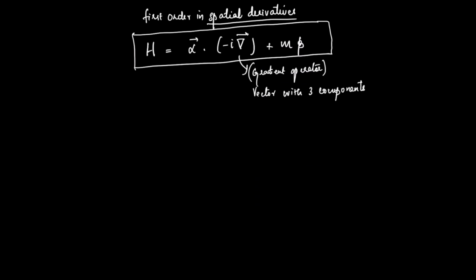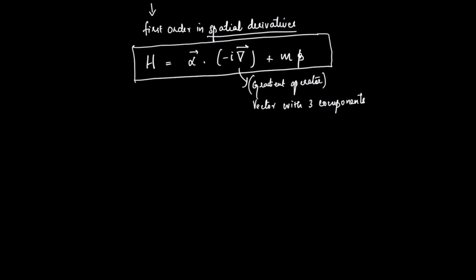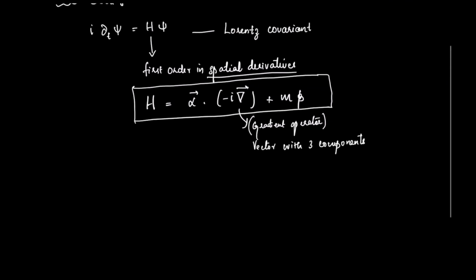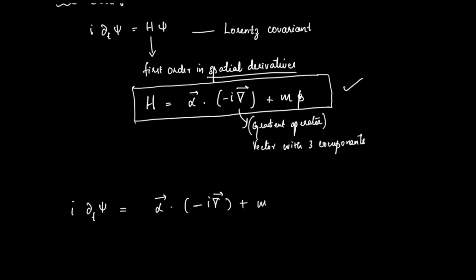Okay, suppose H is given by this equation, then I can rewrite the Schrodinger equation as i partial t psi is equal to minus i alpha dot gradient plus m beta, acting on psi.